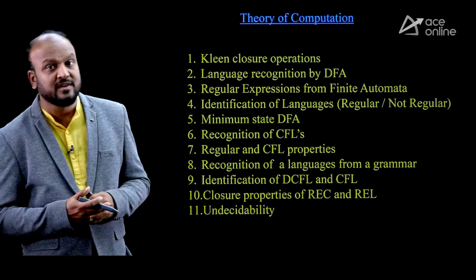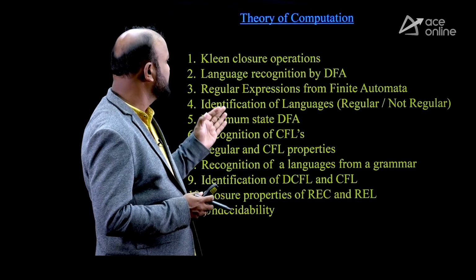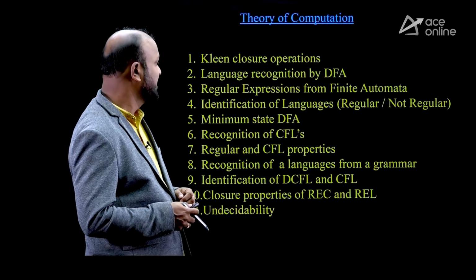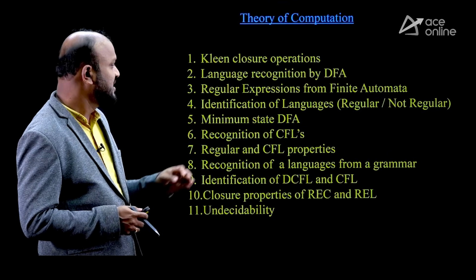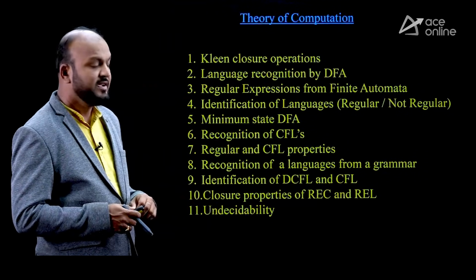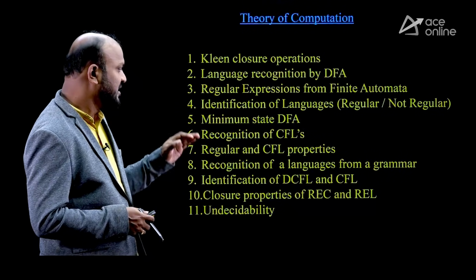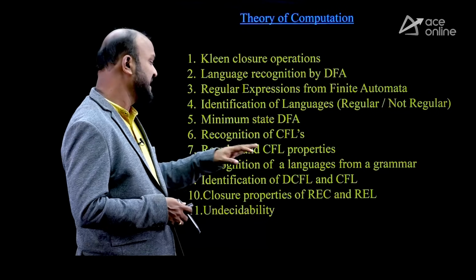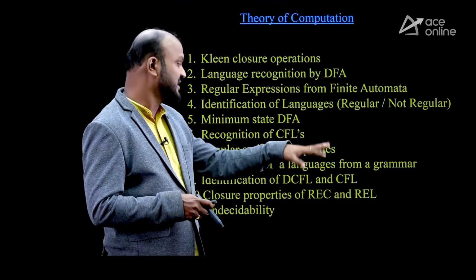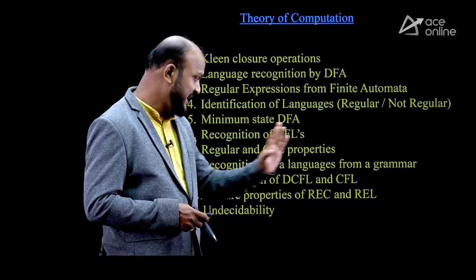Next, I suggest you focus on theory of computation, TOC. In TOC, you can expect questions on Kleene closure operations, language recognition by DFA, regular expression from finite automata, identification of languages, whether the language is regular or not regular, questions on minimum state DFA, recognition of context-free languages, regular and CFL properties, meaning regular language properties, CFL properties, recognition of language based on the grammar, and identification of whether it is a deterministic context-free language or a context-free language.